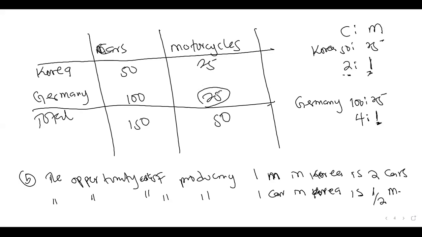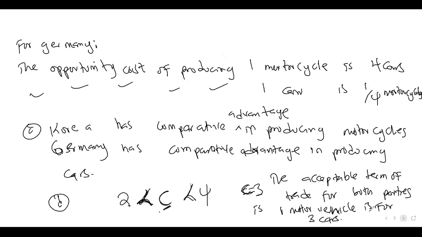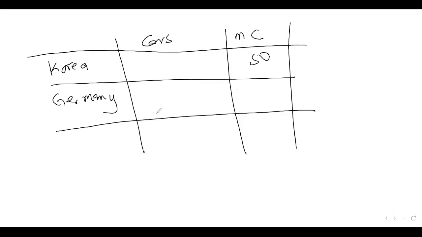So if the 25 motorcycles flow here, it means that 25 motorcycles will be 100 cars. When it's flowing here, it becomes 100. So we already have 100 existing, so that will make 200 here. And then here will be 0, and here will be 0. So here will be 200, and here will be 50. All right.